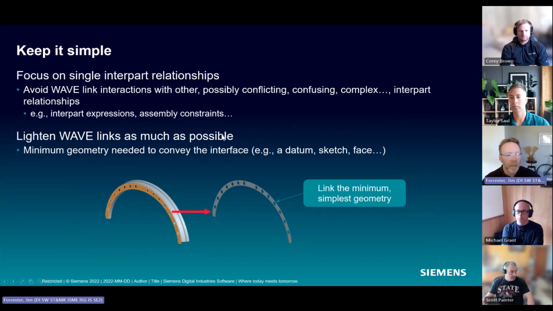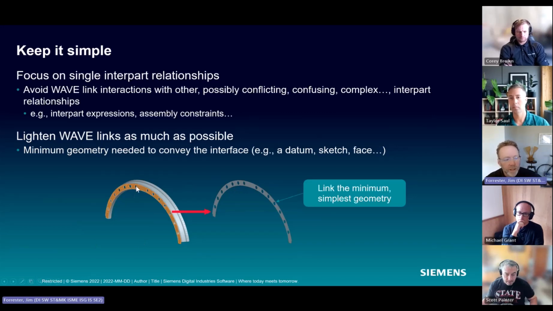Lighten wavelengths as much as you can. Minimum geometry needed to convey the interface. So in this example, I think we have a front end of a jet engine combustor. These are the fuel inlet holes here, and that's needed by something else.